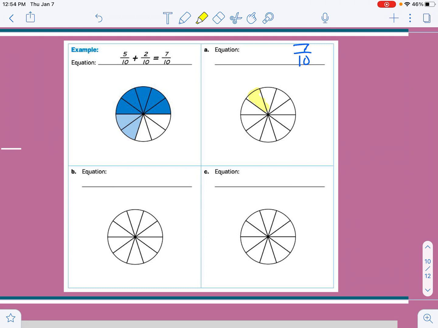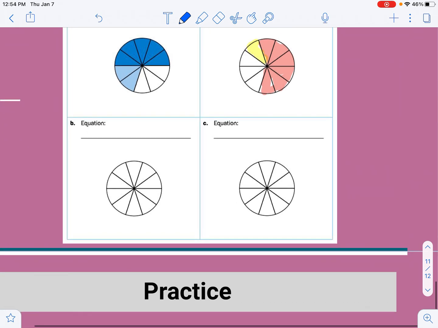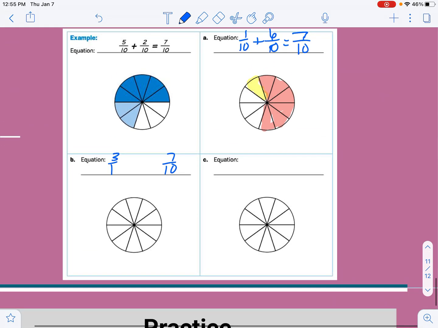So maybe I'm going to do 1/10 plus 6/10. 1/10 plus 6/10 equals 7/10. Okay. If I did 7/10 in a different way, I could do 3/10 plus 4/10 equals 7/10.